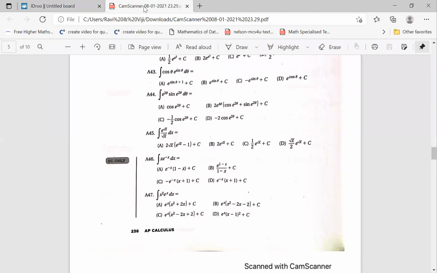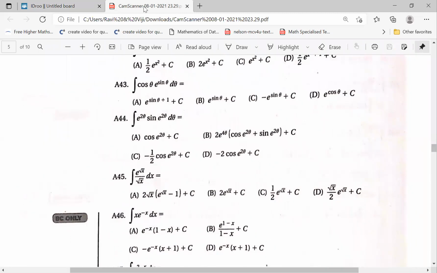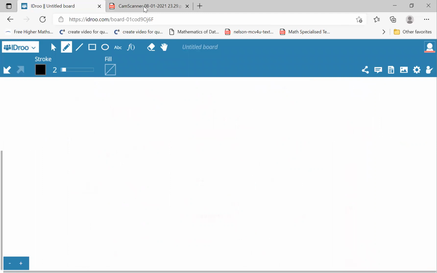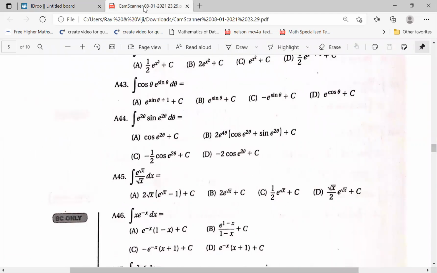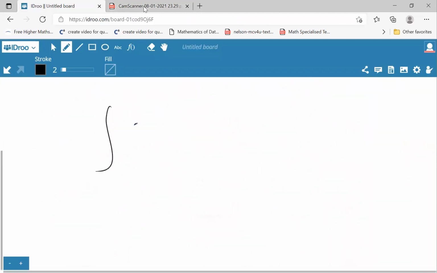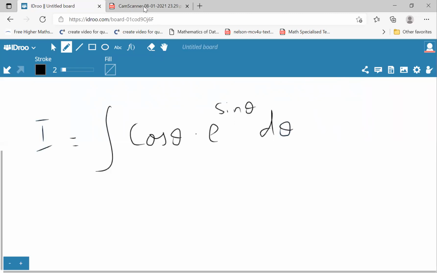Now coming to the 43rd question, integration of cos theta into e to the power of sin theta d theta. Let I be equal to this. Now we can solve this by the method of substitution. Let us take sin theta as t.